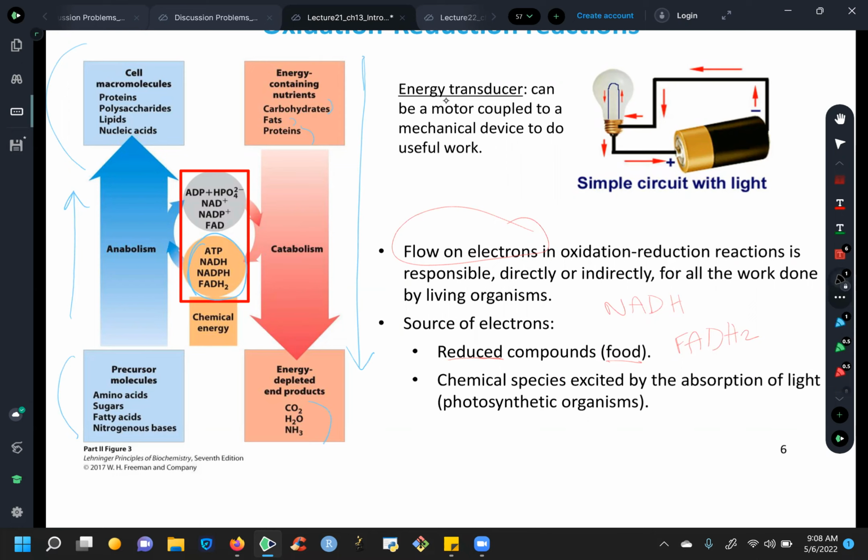When we're breaking stuff down, we're releasing energy from those bonds. So instead of having just ADP or NAD, the oxidized versions, that's when we give them energy. So we're making ATP, NADH, NADPH, FADH2.